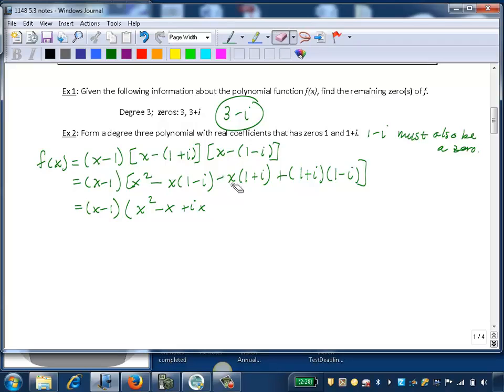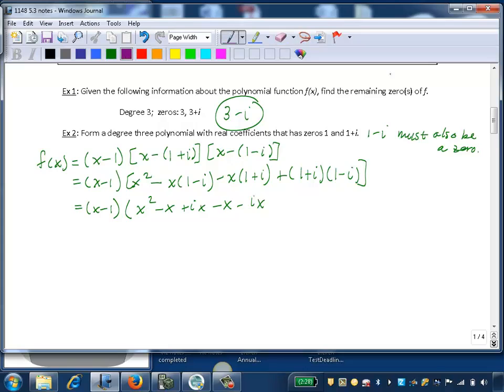Now I distribute this negative x to the 1 plus i, so negative x times 1 is negative x. Negative x times i, negative ix. Now here I want to multiply out the 1 plus i and 1 minus i. And if you remember, you can look at this as a plus b, a minus b.